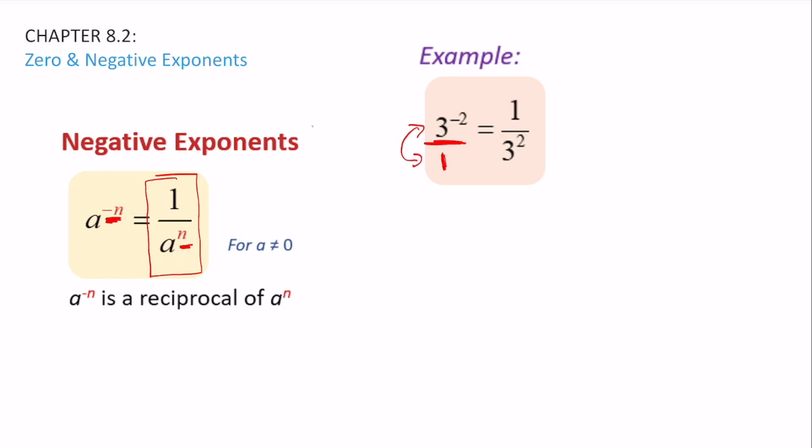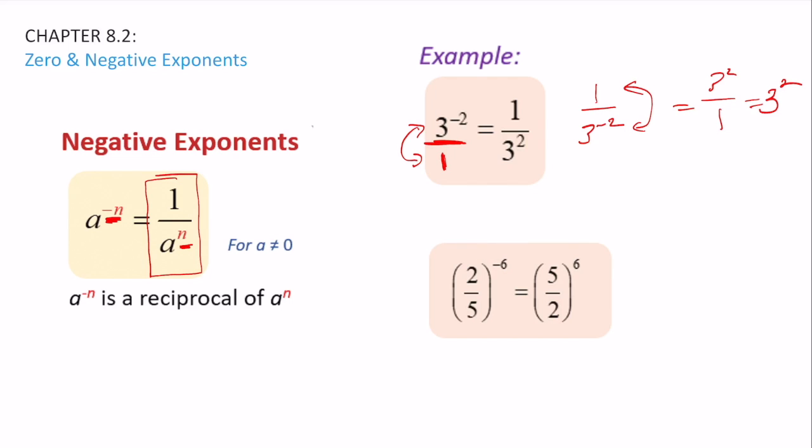Okay? So, it doesn't matter where the original number is, because let's say we had 1 over 3 to the negative 2 like that. You're still flipping this. So you're still going to end up in this case with 3 squared over 1. Both are getting flipped. You're finding the reciprocal either way. So it works whether it's in the numerator to begin with or the denominator. We can see that in this example too.